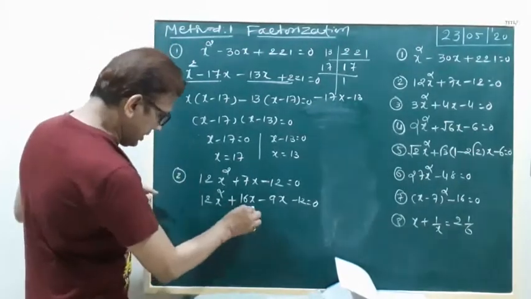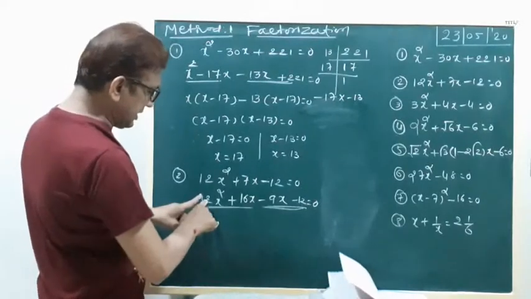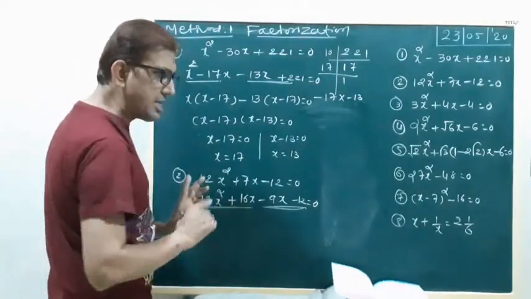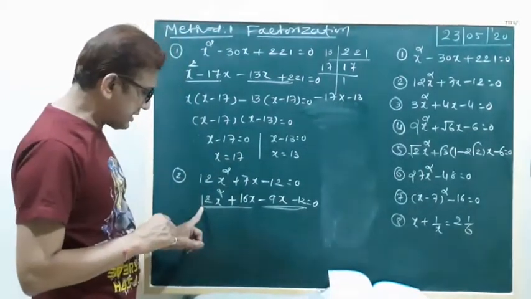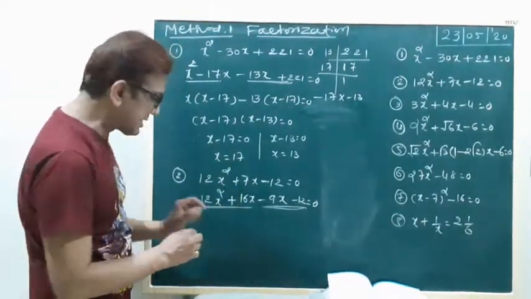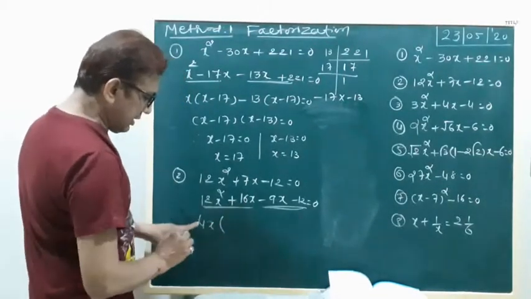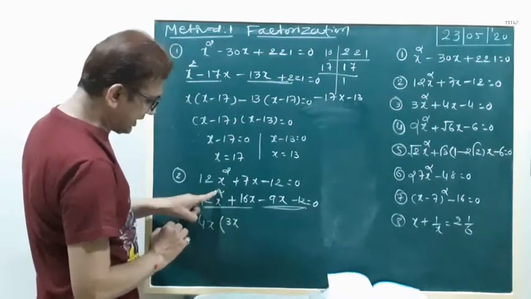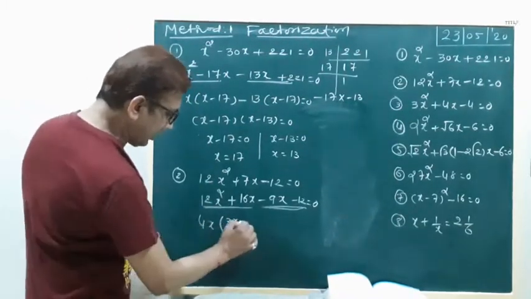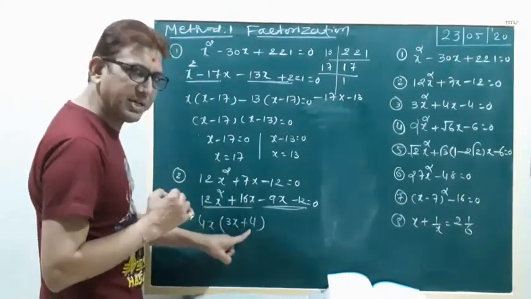Okay, now common. Here 12 and here 16. The common number is 4, because 4 threes are 12, 4 fours are 16. Now 4x is common. In x square, x is the common. And in the second term, x is common, only the number is remaining, right?